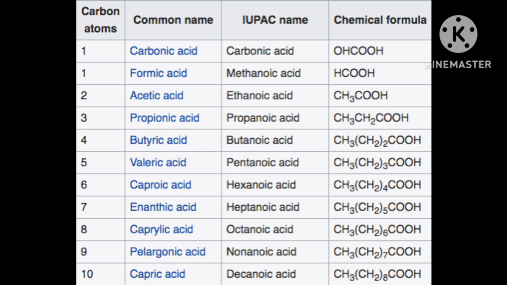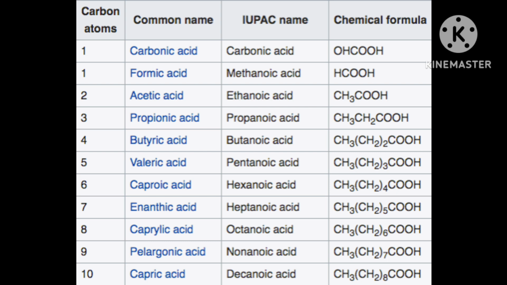Now suppose a CH2COOH group is attached to the benzene ring. COOH is not directly on benzene; COOH is attached to CH2, and that CH2 is attached to the benzene ring.